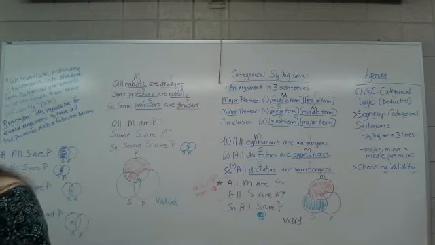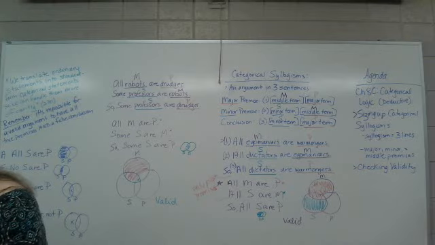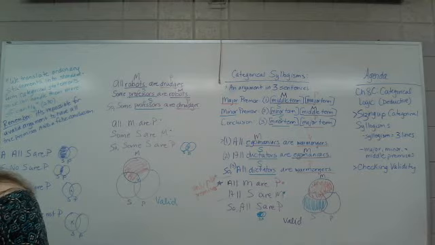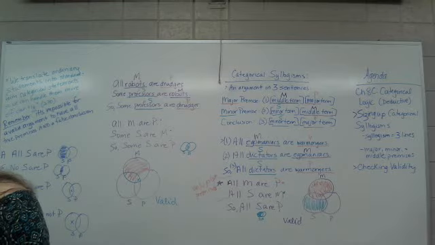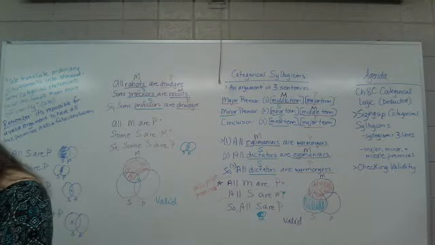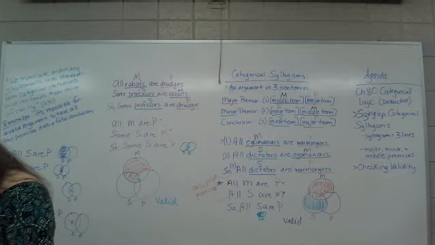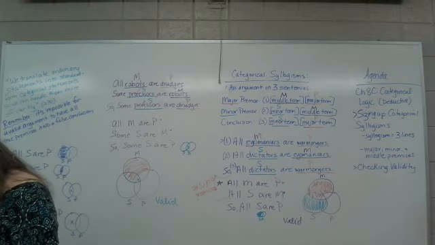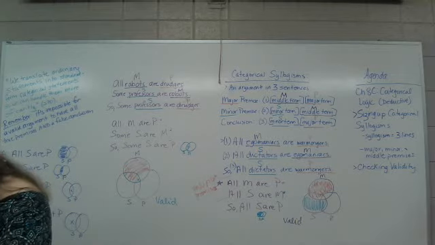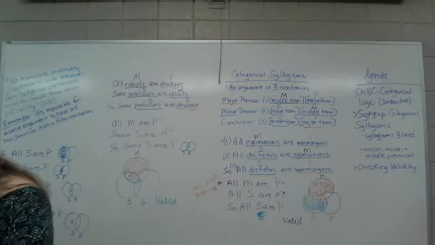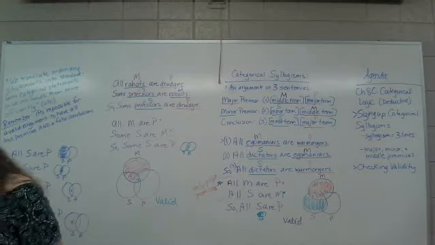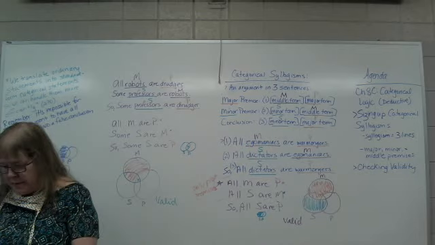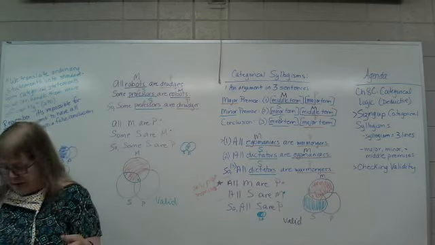I want to give you one more piece here. If you look at the very bottom of page 287, the top of that has the 5 steps to checking validity with Venn diagrams, and it walks you through all the 5 steps.